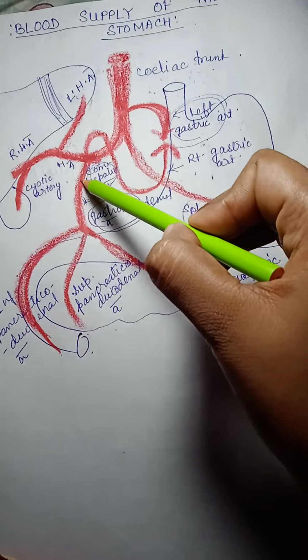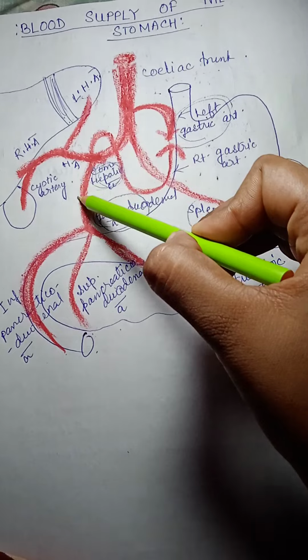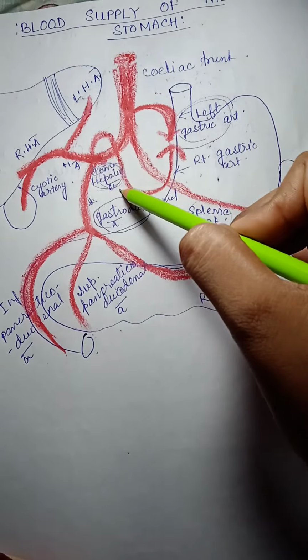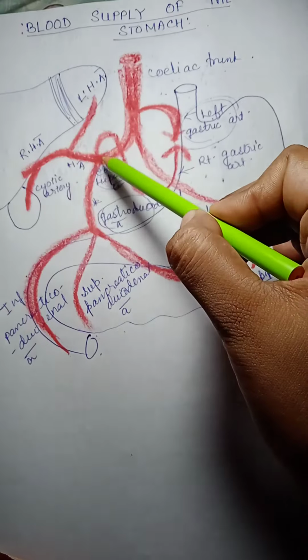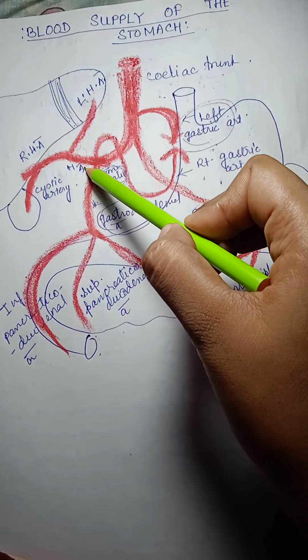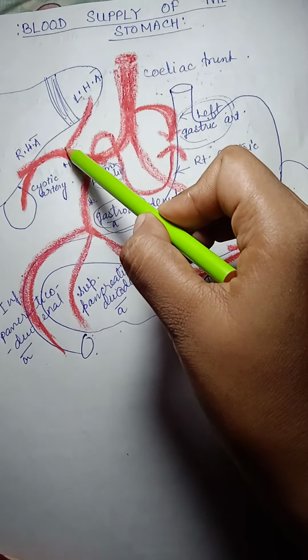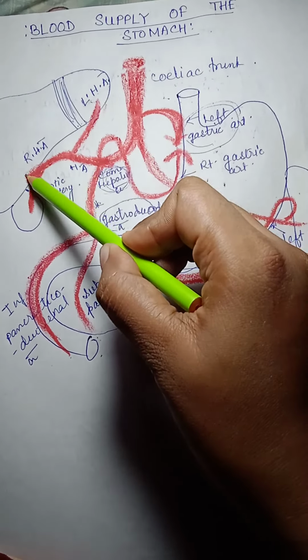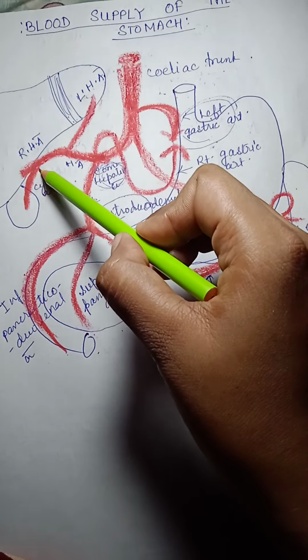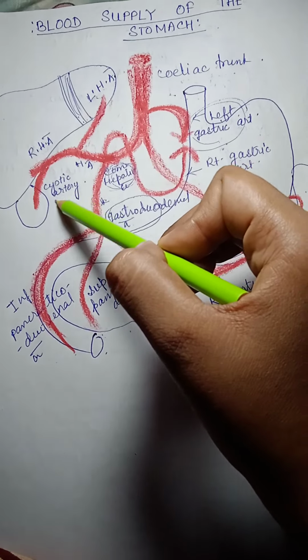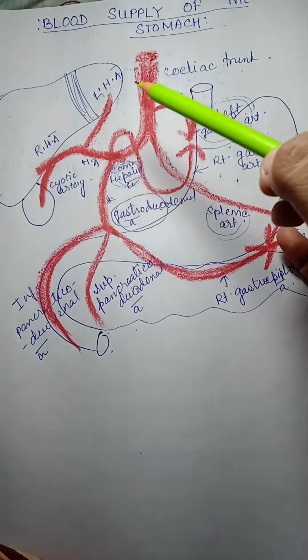The common hepatic artery further divides into the gastroduodenal artery, right gastric artery, and the hepatic artery. The hepatic artery divides into the left hepatic artery and the right hepatic artery. The right hepatic artery further gives the cystic artery, which supplies the gallbladder.